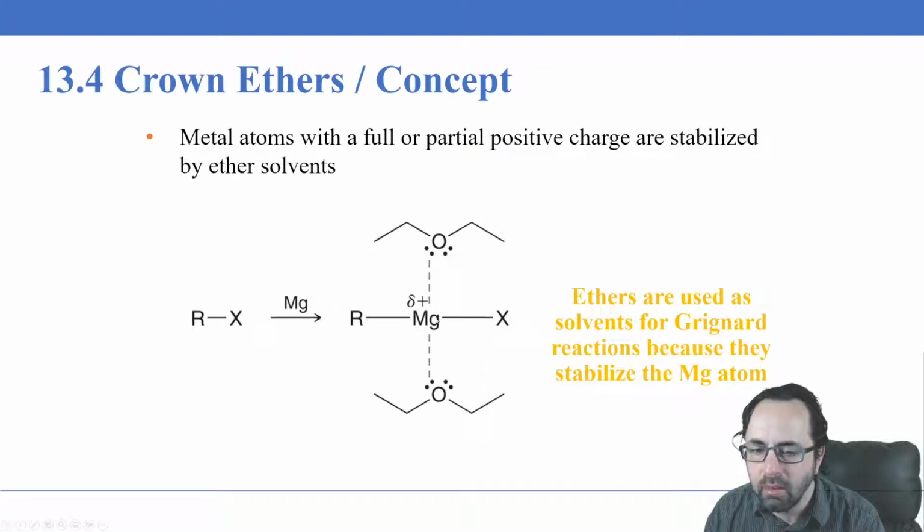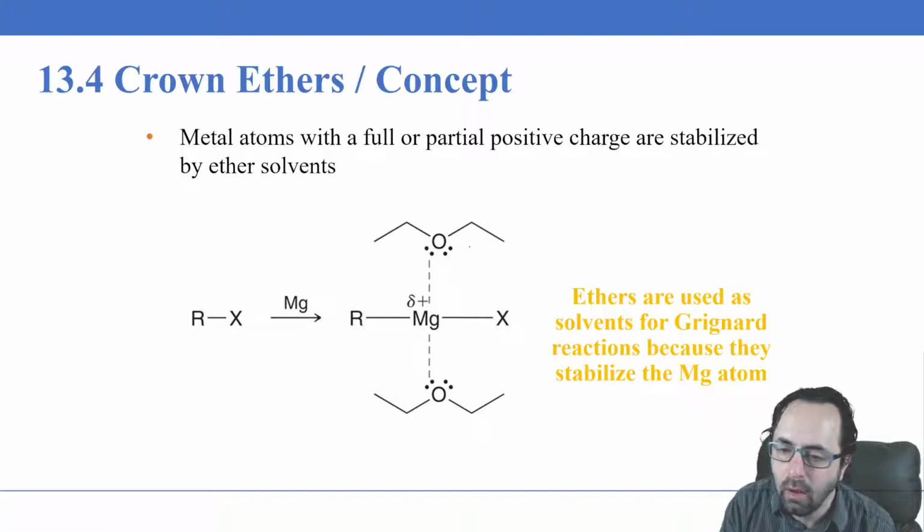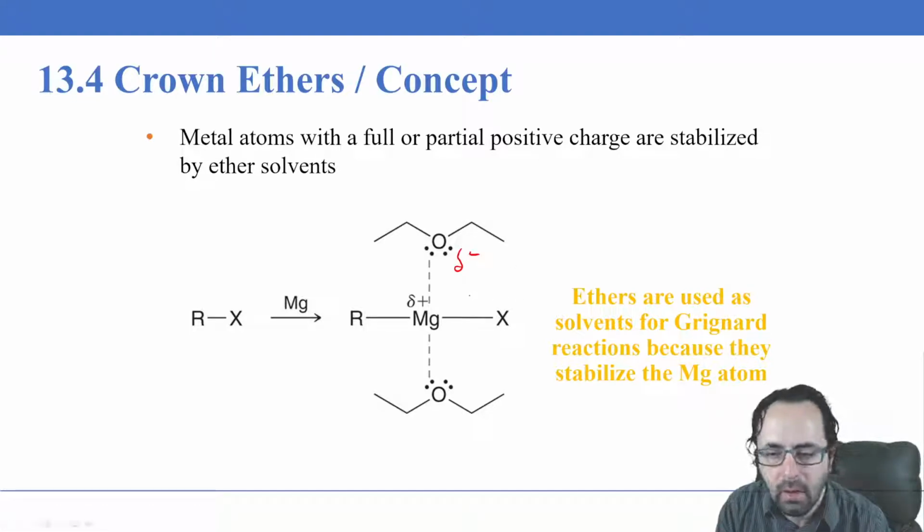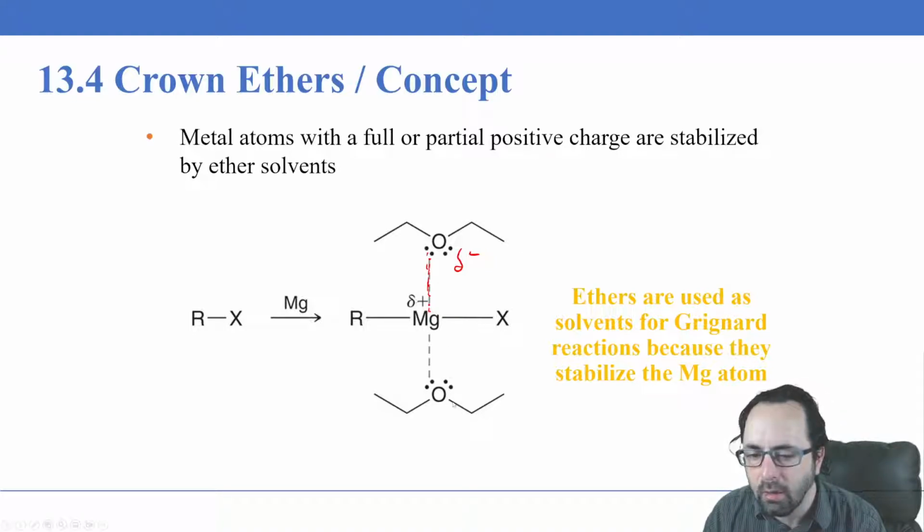Metal atoms can be stabilized by being attracted to the negative oxygen side. So again, on an ether, the oxygen side here is partially negative. Not by a whole lot, it's not a hugely polar thing, but you're going to get this attraction between a metal ion, which is positive, and the negative oxygen atoms. And so that can stabilize a metal intermediate such as a Grignard reagent.